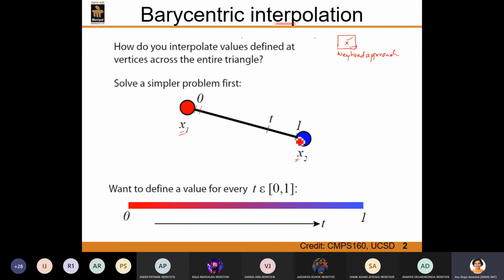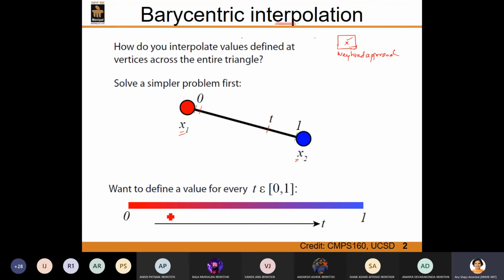If T is equal to 1, present over here, then the pixel intensity value is blue. And when you take any other points in between, it would be a weighted average of the red and blue intensities.